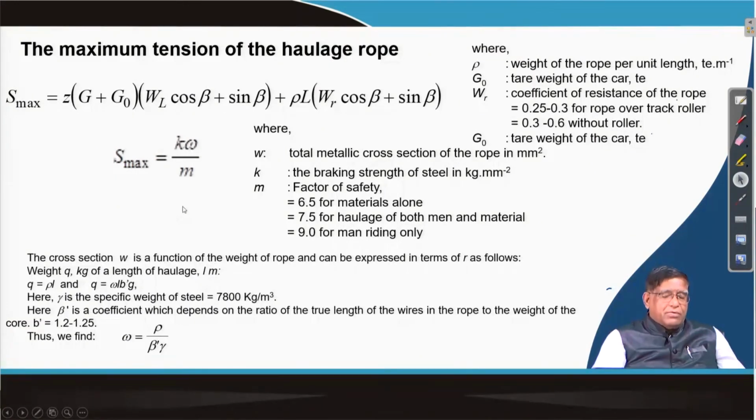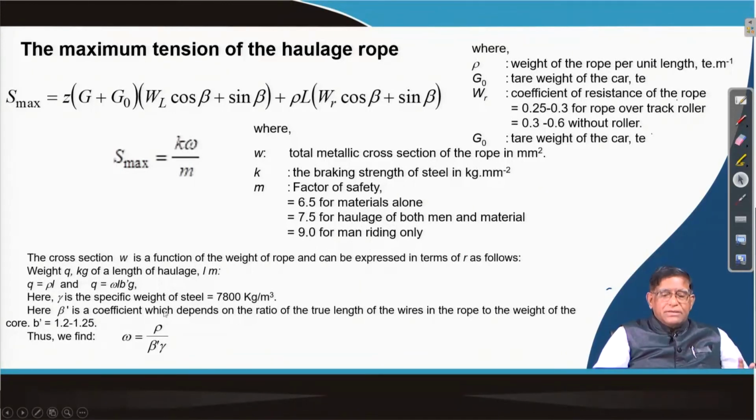From there you can find out the total cross sectional area. That cross sectional area is a function of the weight of the rope, and that can be expressed in terms of density, and you can find out in this way.